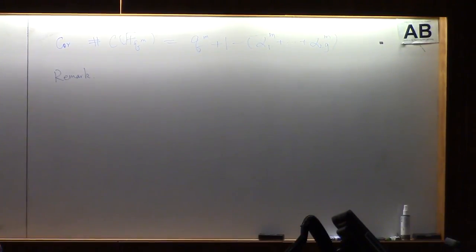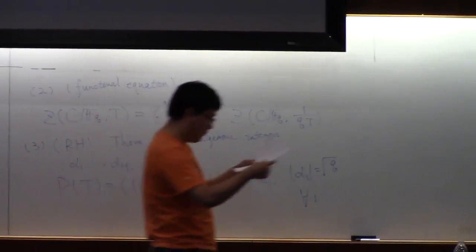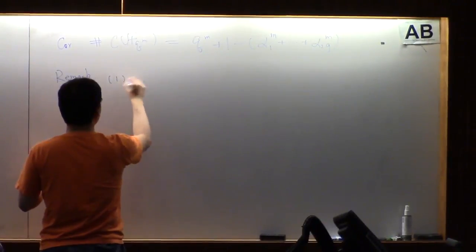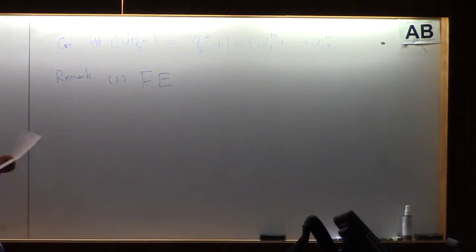The remark consists of 2 parts, and actually the rationality has nothing to explain. It just tells you the zeta function is a rational function. And for the functional equation, I just use FE to denote the functional equation.